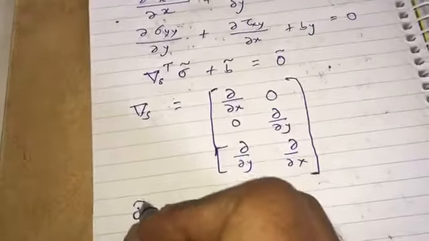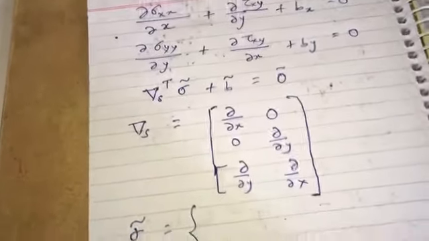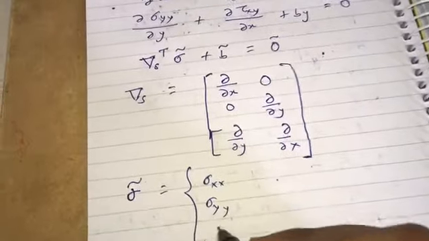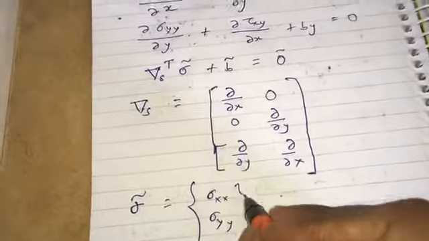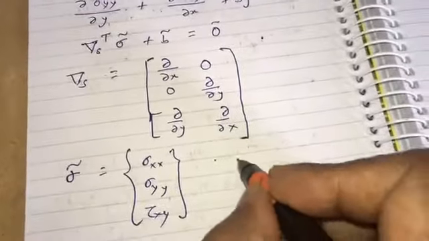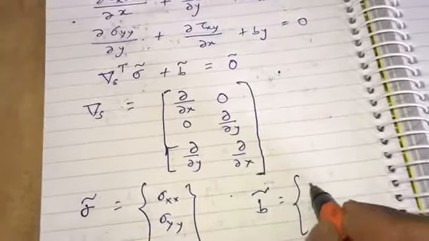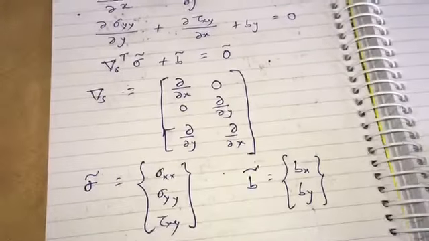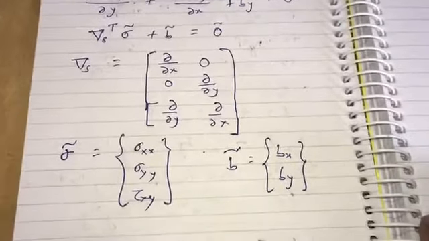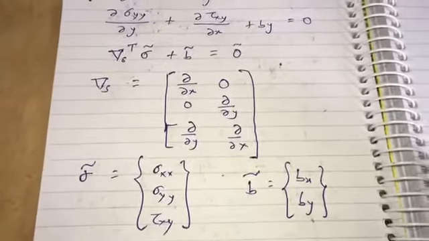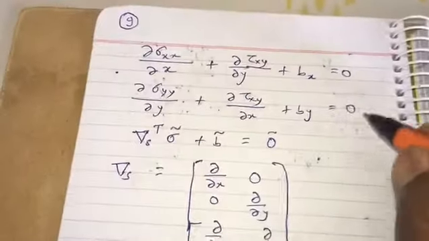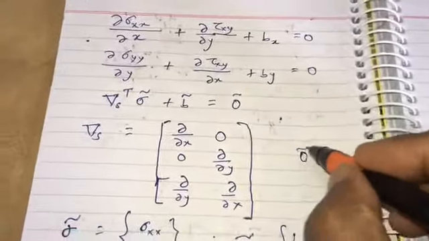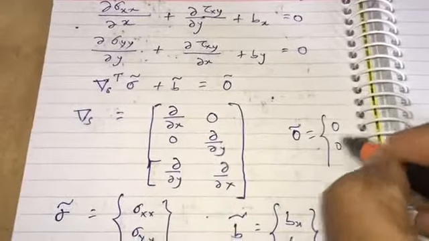Sigma is a vector here, sigma xx, sigma yy, and tau xy, and b vector is bx and by, denoting the body forces in x and y direction, and 0 vector is nothing but 0 and 0, like this.